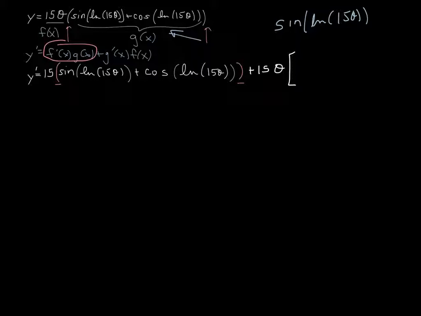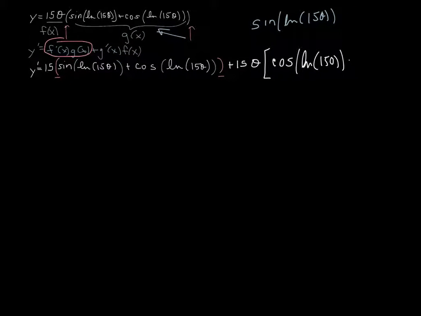Well, the derivative of the sine is the cosine, and I leave everything inside alone, times the derivative of ln, which is going to be 1 over 15 theta, and then times the derivative of 15 theta, which is 15. Well, once again, that's just the derivative of that piece, so I've got to do the cosine piece.